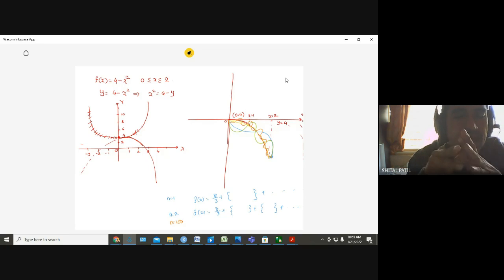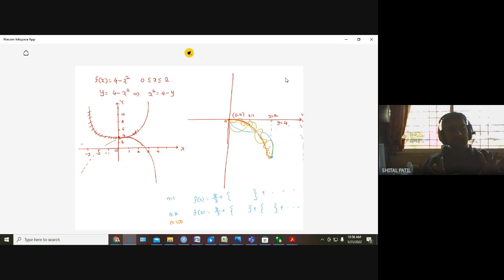Any doubt till now? Understood what we are doing exactly? We are approximating the function. Which function? A function which is periodic and which satisfies the Dirichlet's condition. And how are we approximating?